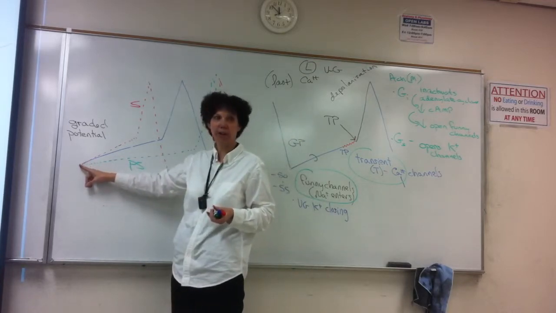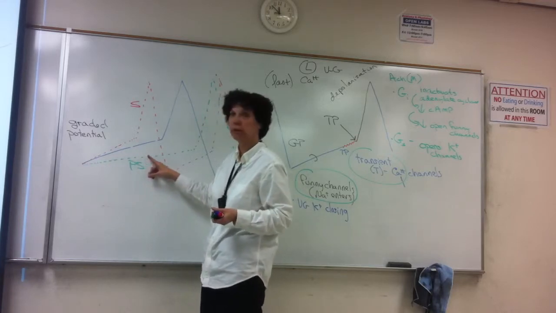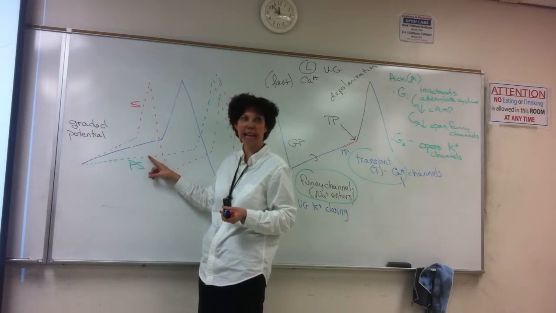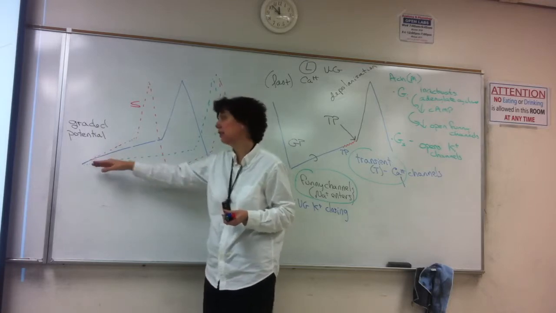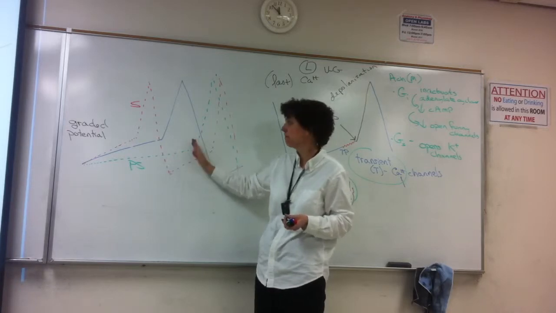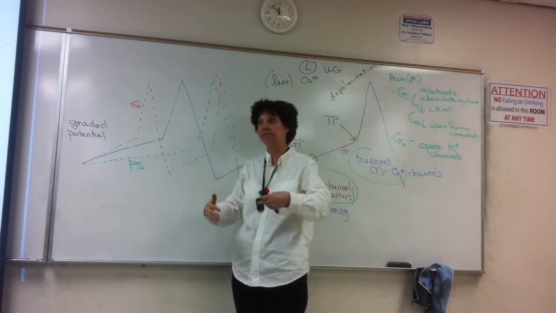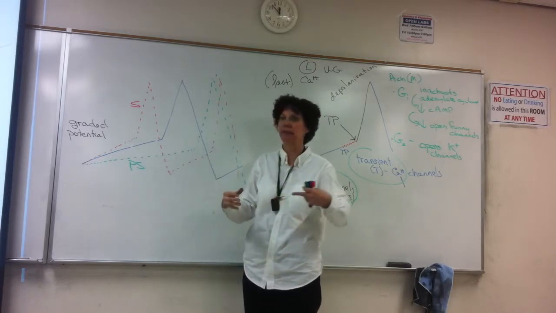They don't open as early, so it takes longer to get to this point. Plus, we're losing positive ions through our potassium channels, so it takes even longer to get additional positive ions into the cell. Okay? That's how we slow the heart rate down to our standard 70 beats a minute if you're looking at the average.